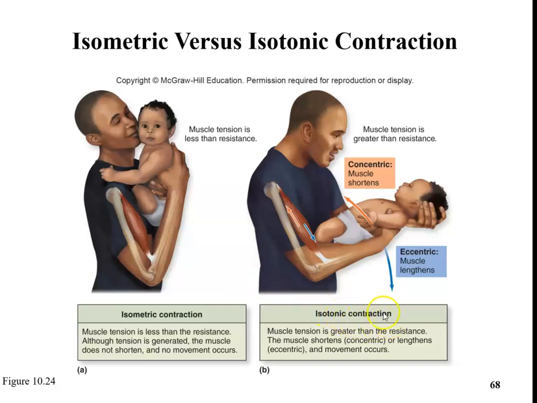With isotonic contraction, muscle tension is going to be greater than the resistance, so there's going to be movement. Whether the muscle shortens or lengthens is going to determine whether it's concentric movement or eccentric movement. So definitely know the differences between concentric and eccentric, and isometric and isotonic.